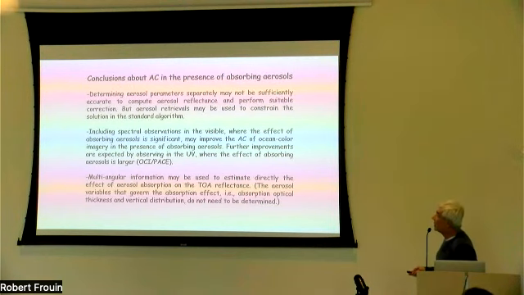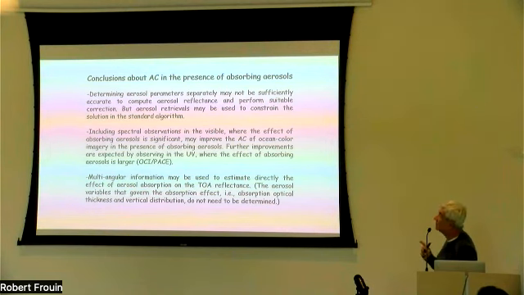So to sum up, I would say again that determining aerosol parameters separately is an idea, but may not be sufficiently accurate to compute the aerosol reflectance and perform a suitable atmospheric correction.